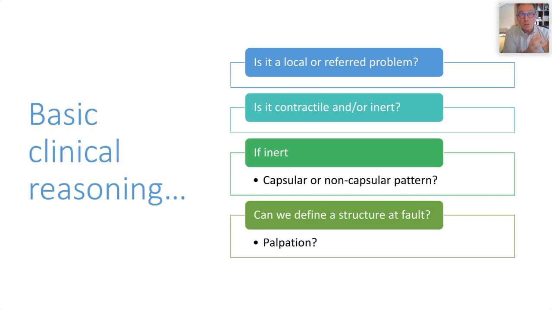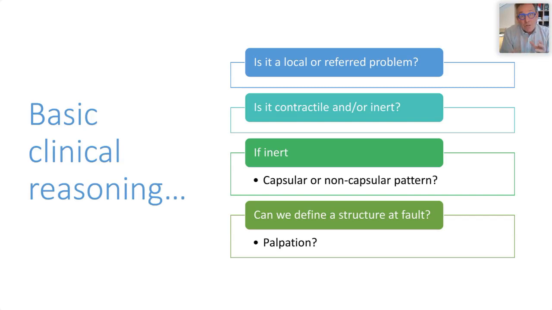Is it a contractile problem? Or is it an inert problem? If it is an inert problem, what did you see? Capsular pattern, non-capsular pattern. Capsular pattern, arthritis, arthrosis.